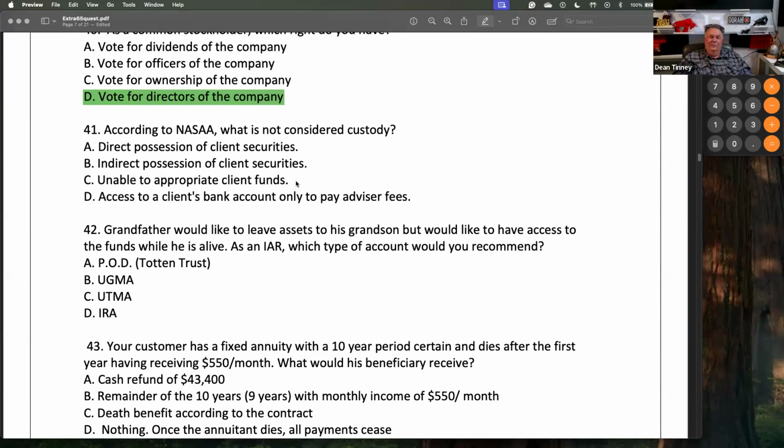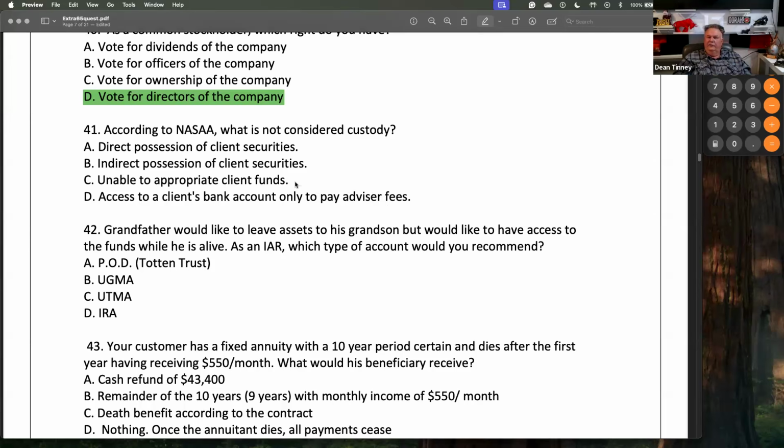Brian's purposely, I think, using this weird language. He's really going overkill. I used to say, as a practitioner, that I can't steal what I can't touch. I don't have access to your funds, your monies, or securities. They're at Schwab, the broker dealer. So it's C, unable to appropriate the client funds. I don't have access to them.